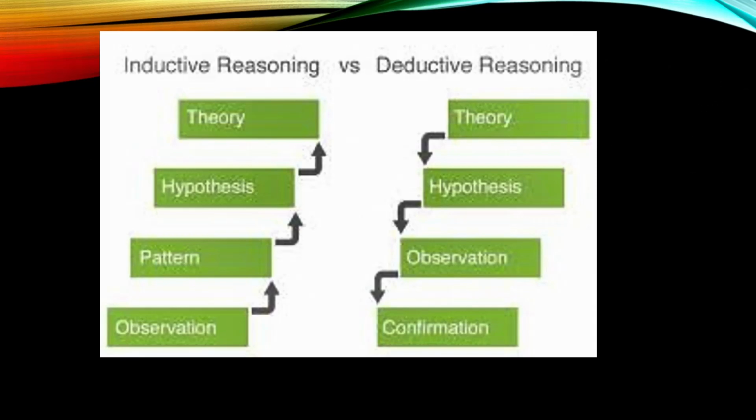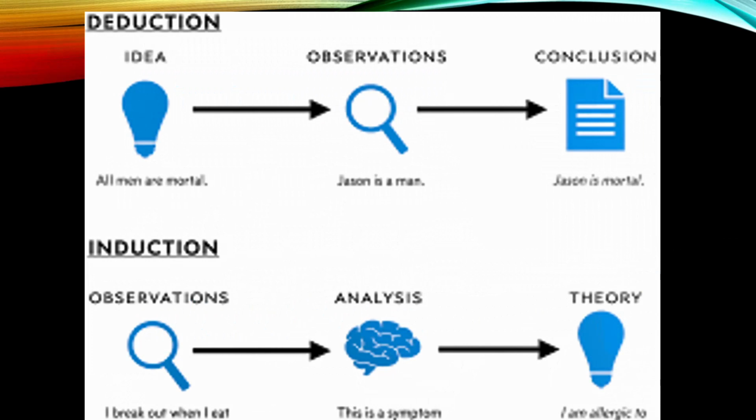It is starting from the bottom and going upward. In the case of deductive, it is a top to bottom approach. So this is one of the differences between inductive theory and deductive theory. One is from particular to general and the other is from general to particular. One is moving from bottom to top and the other is moving from top to down.